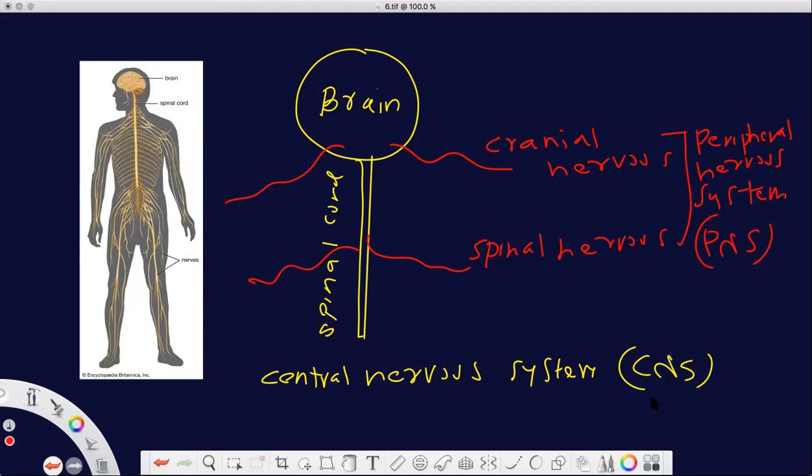Right, now if we want to still understand the structure, the nervous system is mainly made out of a special kind of cells. The main cells are called neuron. We call it neuron. And sometimes we use this word nerve.